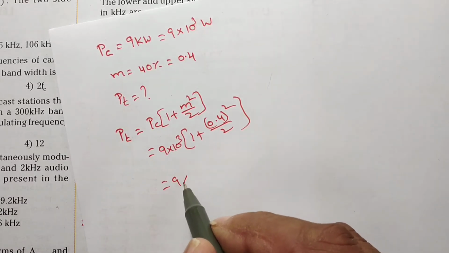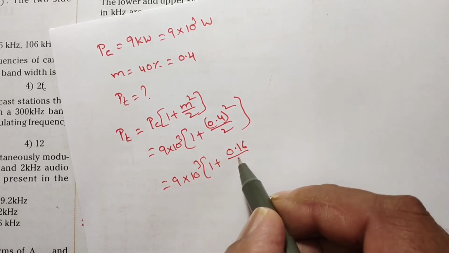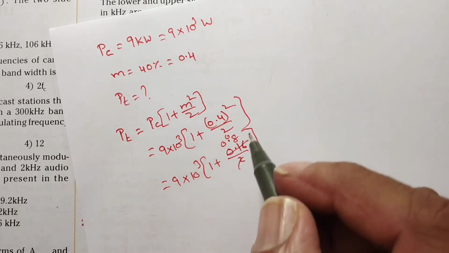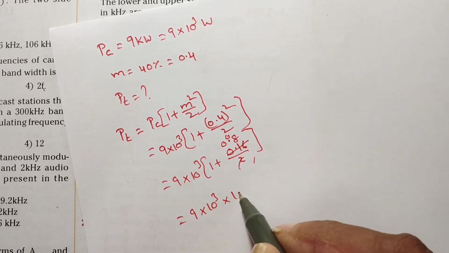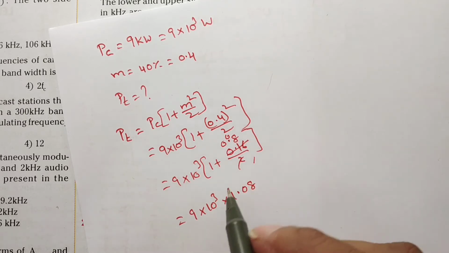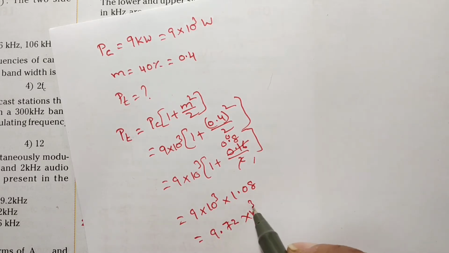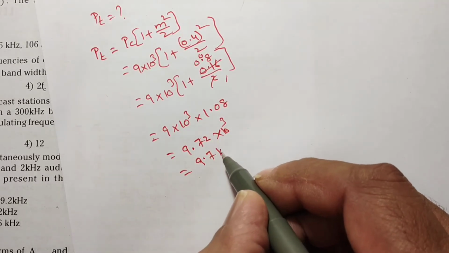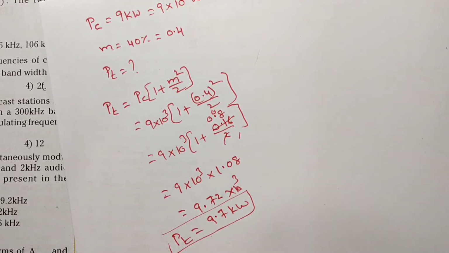That is equal to 9 into 10 to the power of 3 into 1 plus 0.16 by 2, that means 0.08. 9 into 10 to the power of 3 into 1.08. After multiplying, we get 9.72 into 10 to the power of 3, that means 9.72 kilowatts. The total power is 9.72 kilowatts.